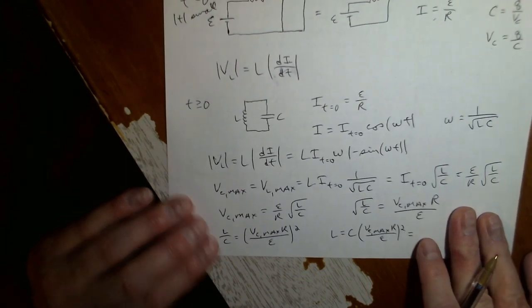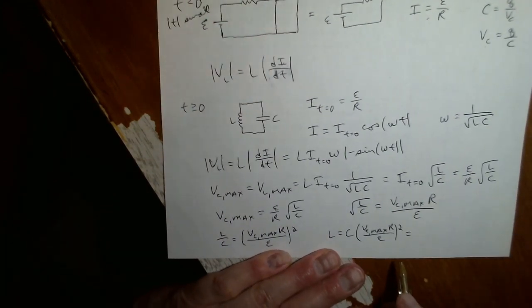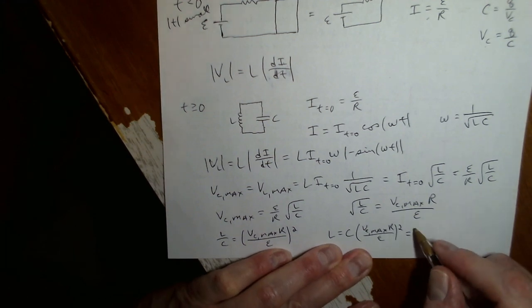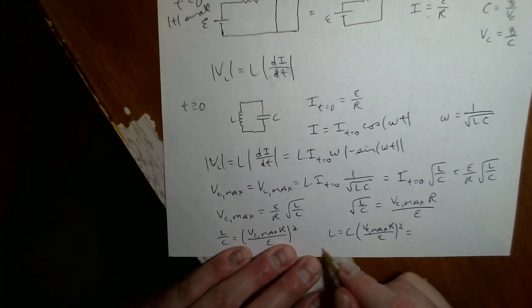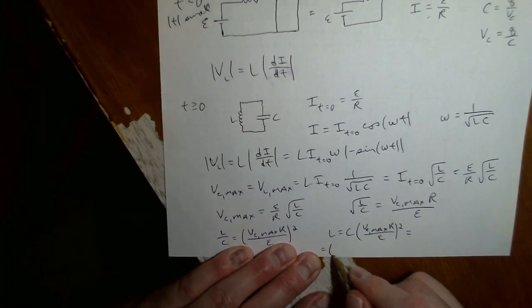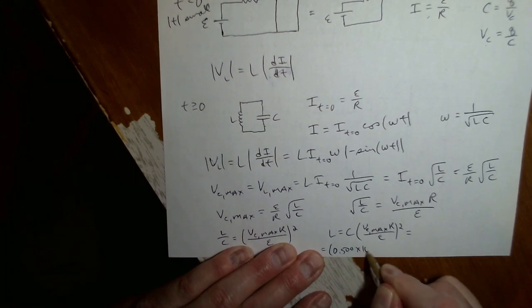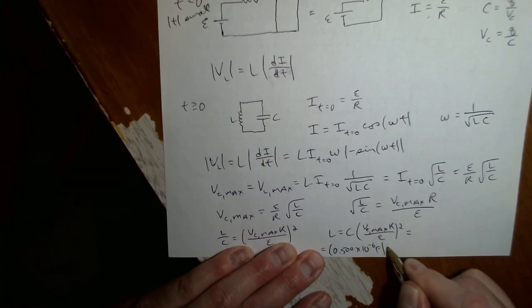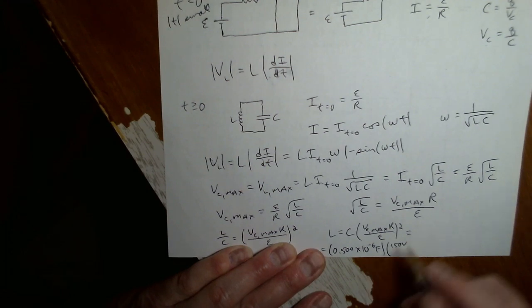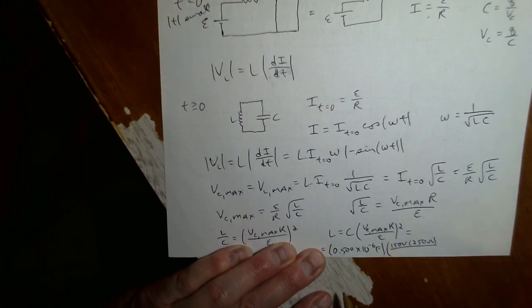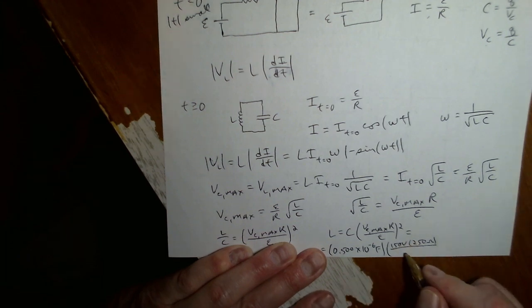And if I plug in the numbers I was given, C is 0.5 microfarads. So let me go down here. C is 0.5 times 10 to the negative 6 farads, times VC max is 150 volts, times R is 250 ohms, divided by the battery EMF, which is 55 volts.